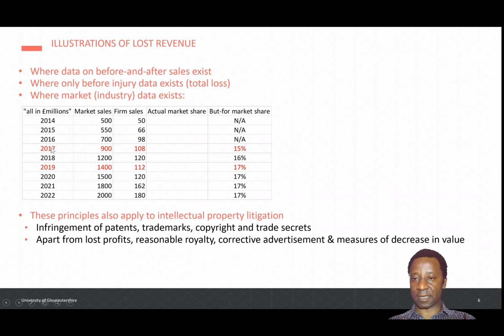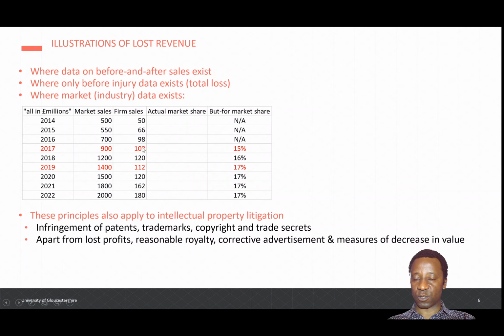And because of that, this firm is alleging that there's been an impact on its earnings. So it's going to bring a claim. So in 2017, the breach occurred. We have some market data for the industry, and we have the firm's data.